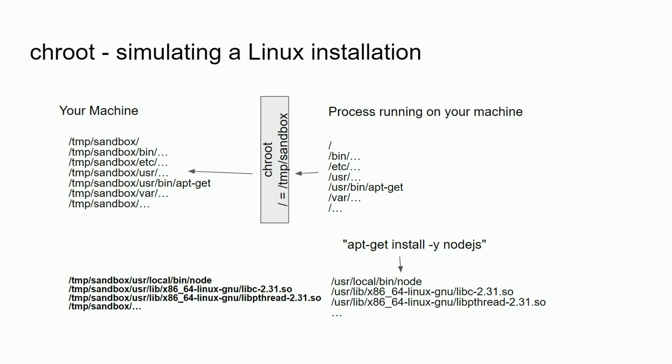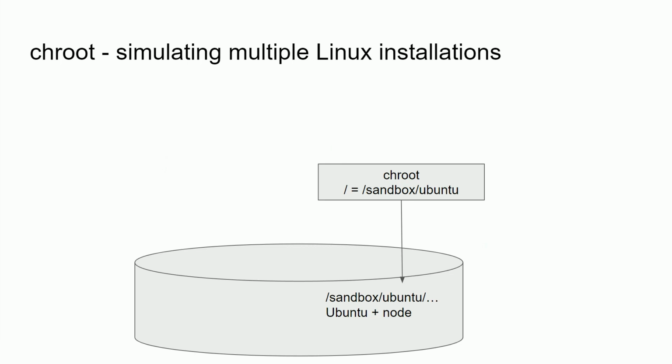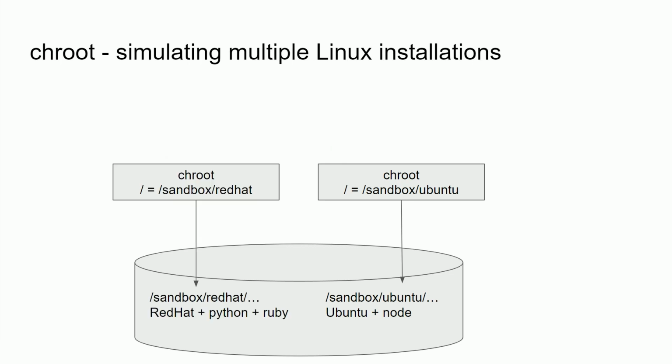So it's a little bit like black magic. We can effectively have as many separate Linux distributions as we want on our machine, as long as we keep them in separate sandbox directories. And each one could have different versions of Node installed, or Python, or Ruby, or any other combination of software. We could even have different Linux distributions, maybe Ubuntu in one directory and Red Hat in another.